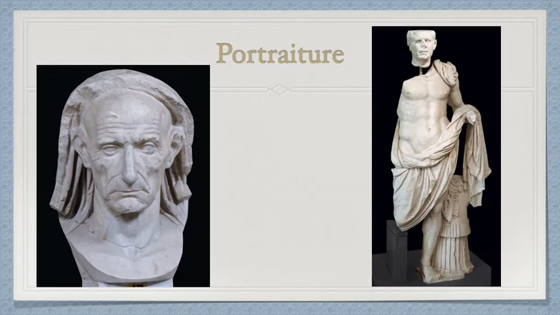So these two forms would not go together. This is not the body that goes with this head. But it was done to show that the general was older and wise, but still had the physically powerful body, emulating both things to be shown. Also, to be shown nude suggested that the person possessed a heroic character.